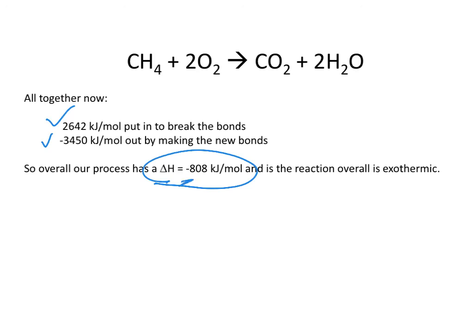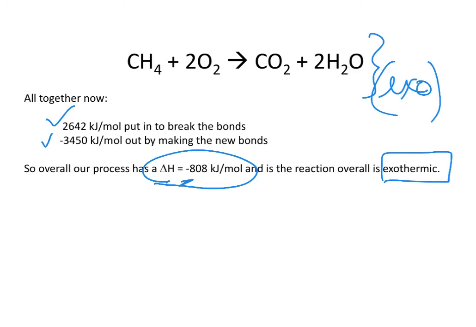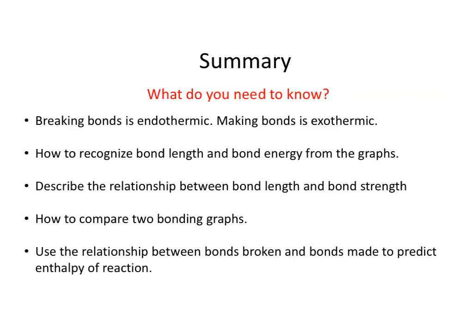What does that mean? That means this overall reaction is exothermic. Guess what? We know that combustion, that burning things, is exothermic, right? It releases heat, keeps us warm, right? So that fits with what we know about combustion reactions. It is, in fact, exothermic.